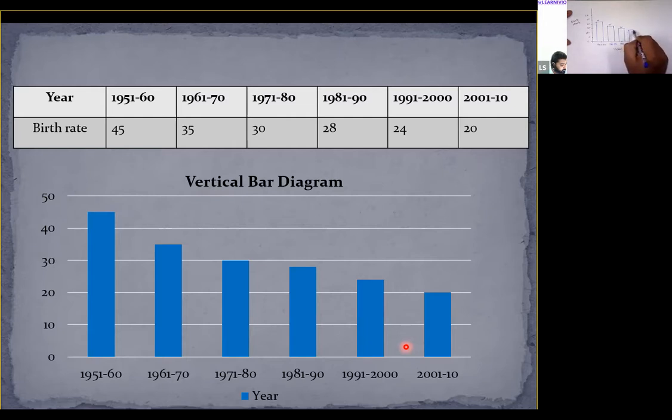So this is 28, I guess. So 1981 to 1990. Then for the year 1991 to 2000, it was 24. So 24 will be somewhere here. 1991 to 2000.